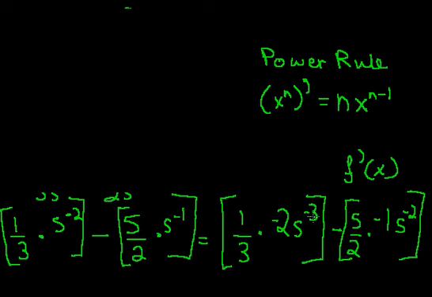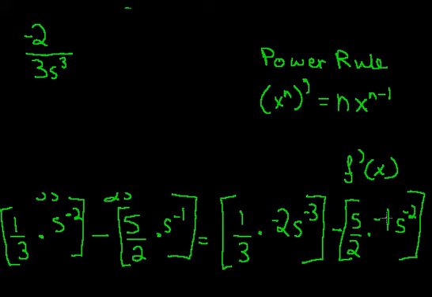Okay, so we have this so far. Now we just need to simplify it. We've used the power rule, and this is actually the derivative of the function, but it looks really messy right now, so let's simplify it. 1/3 times negative 2 is negative 2/3, and that's s to the negative 3. We can put this back down, so we can make it s cubed down here.